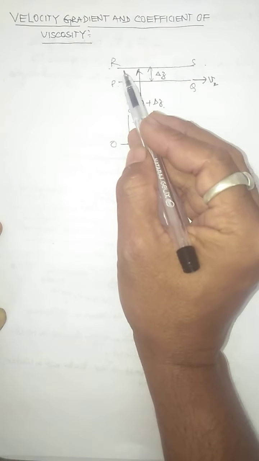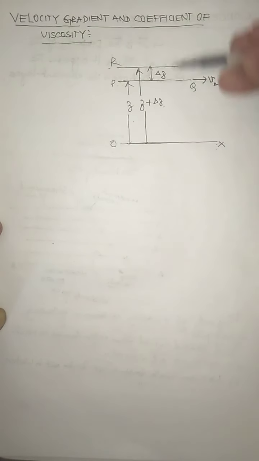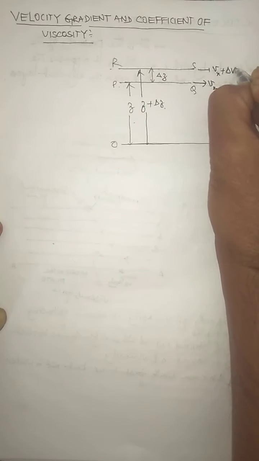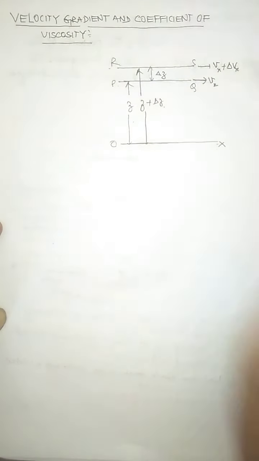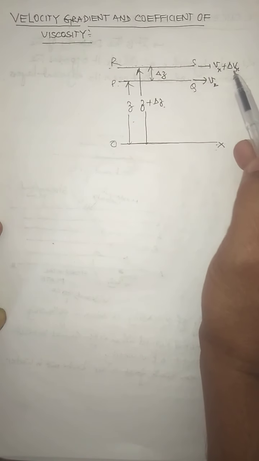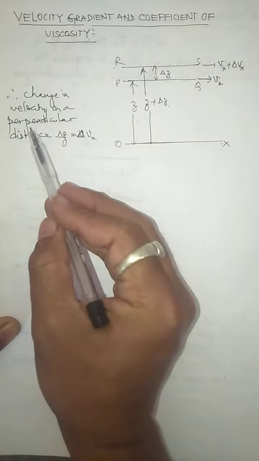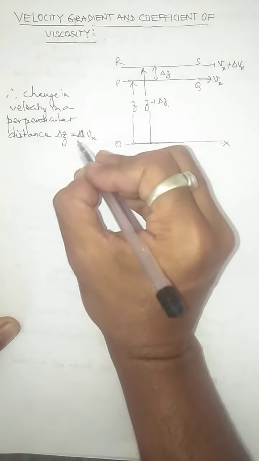Then definitely the particles flowing on the upper layer acquire a velocity more than this, because as the distance increases, velocity also increases, and I consider that as Vx plus delta Vx, where delta Vx is the change in velocity between the two layers. So the change in velocity over a perpendicular distance delta Z is delta Vx, and that is why the sign delta is called change.